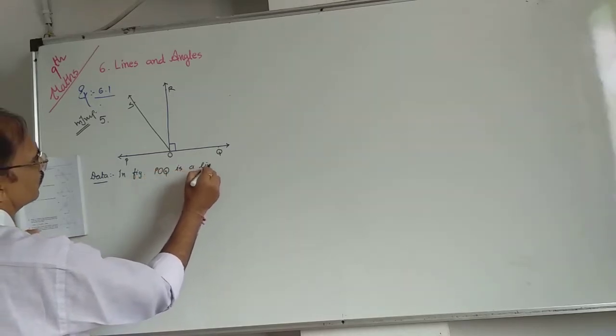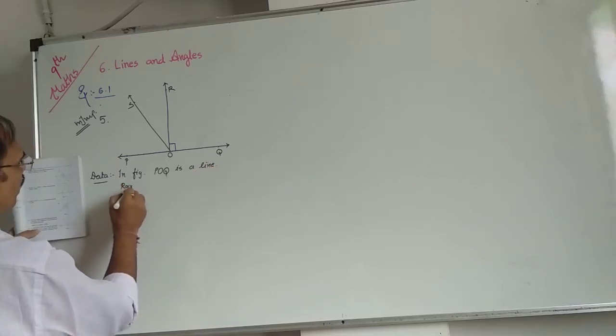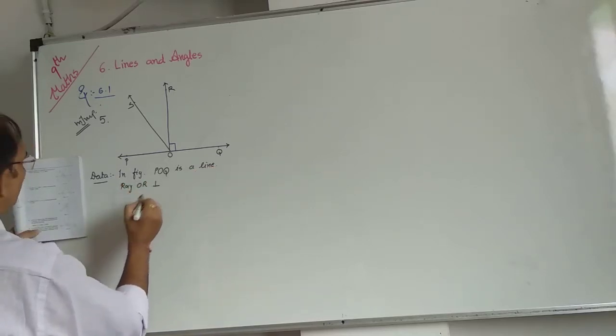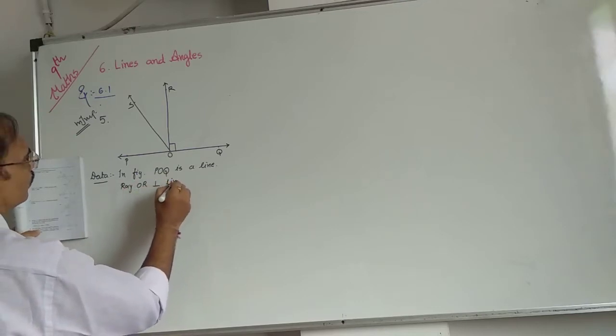See the question. Ray OR is perpendicular, this is the perpendicular sign, to line PQ.